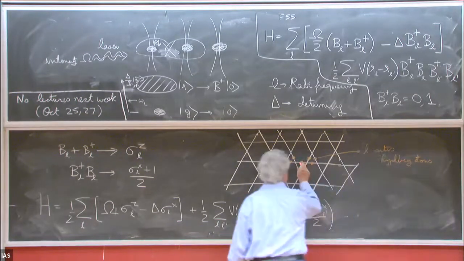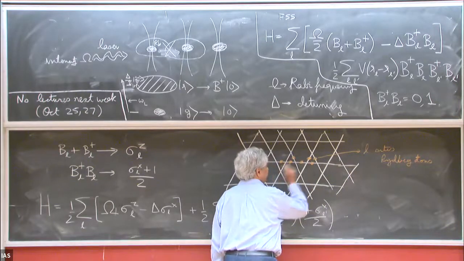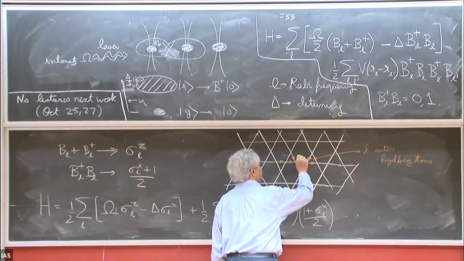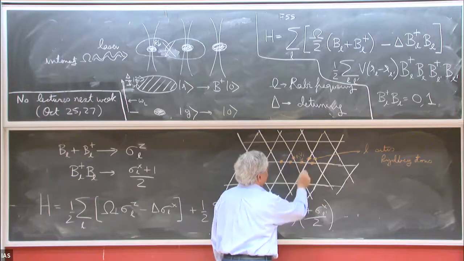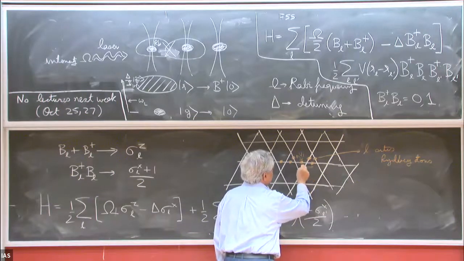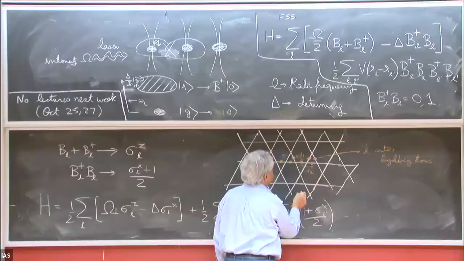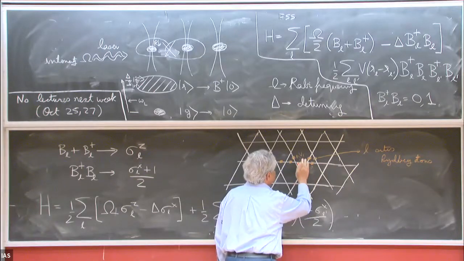So if I put a Rydberg atom here, it's big enough so that this interaction, which I call V1, is the first neighbor. Sorry, no, excuse me.